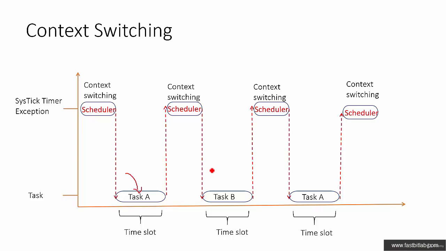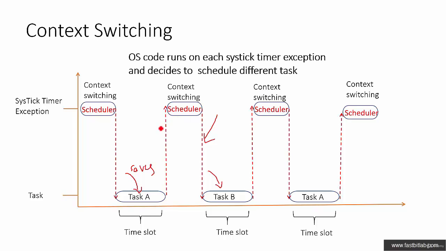It makes that task run on the CPU. Here it saves the context of the old task, and here it retrieves the context of the next task which is going to run on the processor. This operation we call a context switch. That is generally carried out by the scheduler. The OS code runs on each SysTick timer exception and decides to schedule different tasks.